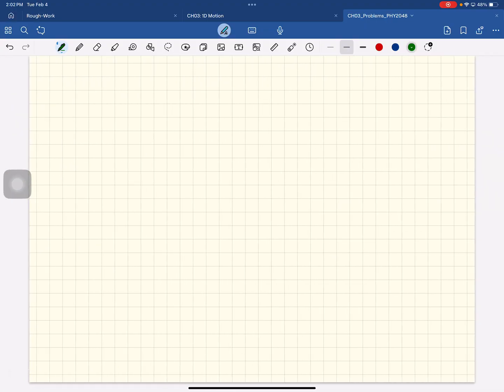All right, so part B, now it's going at 9.37 meters per second.